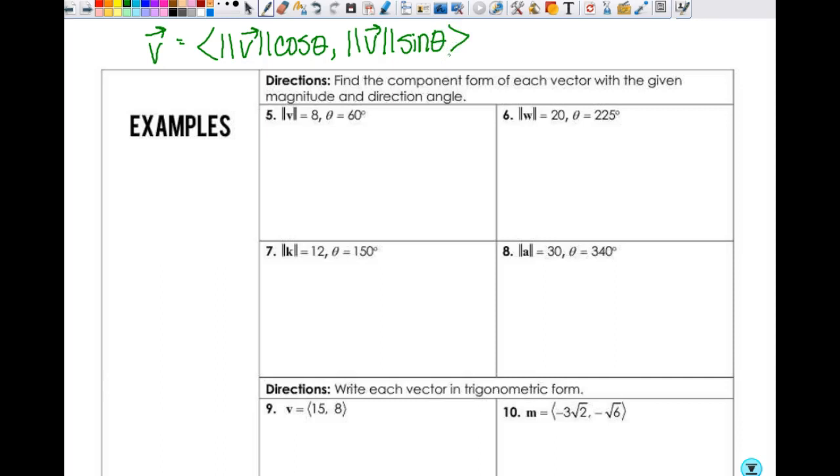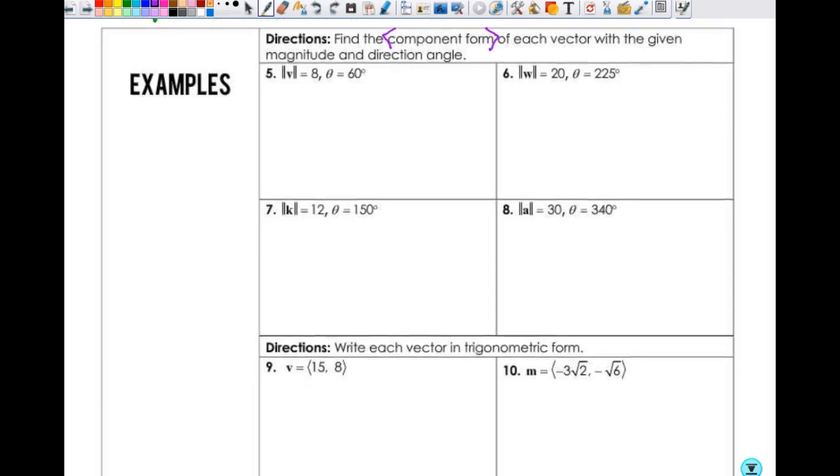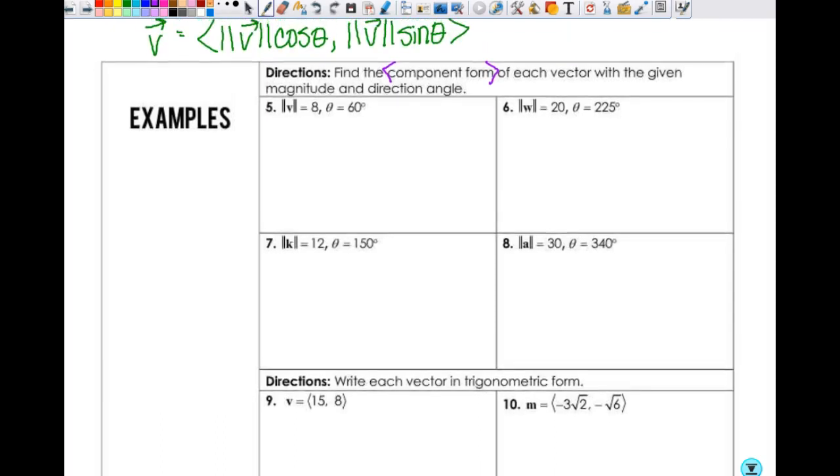So this says, find the component form. Now remember, component form means the vector that looks like this. Find the component form of each vector with the given magnitude and direction angle. So we're going to start with number 5. If I want the component form, it's got to look like this. I'm given the magnitude and I'm given theta. So that means vector v is equal to 8 times the cosine of 60 and then 8 times the sine of 60.